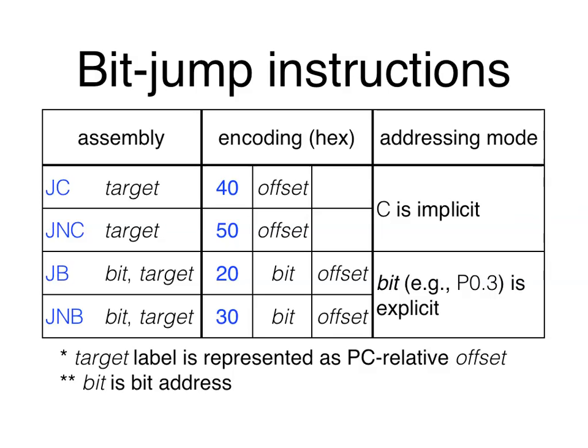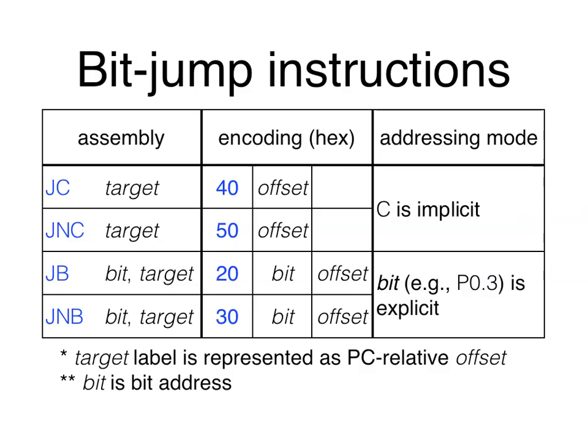JNC, again, that's just a different encoding for the opcode, but the offset is the next byte. And then JB, or JNB, there's the opcode followed by the bit address, which is a byte, and then followed by the offset, which is another byte. So as you see, JC and JNC are 1 byte less than JB and JNB due to not having to name the C bit.